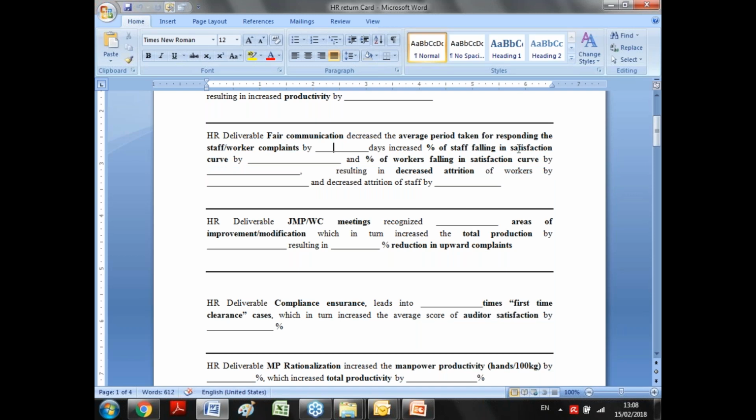It increased the percentage of staff falling in the satisfaction curve by this much, and the percentage of workers falling in the satisfaction curve by this much, resulting in decreased attrition of workers by this percent and decreased attrition of staff by this percent.